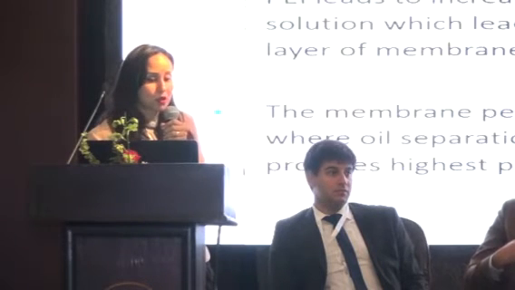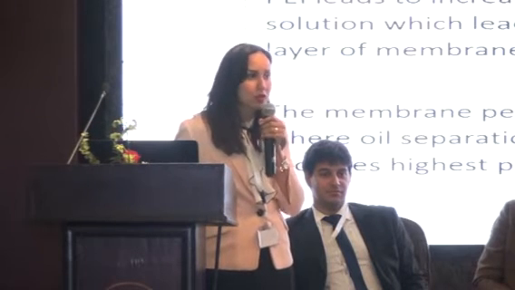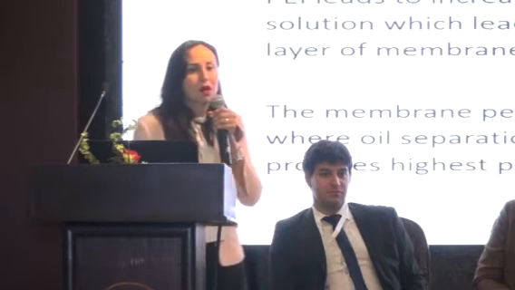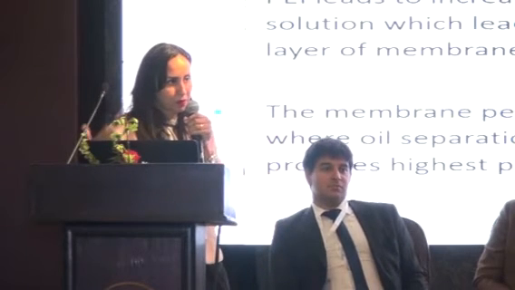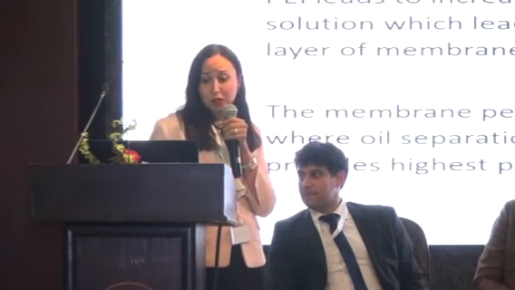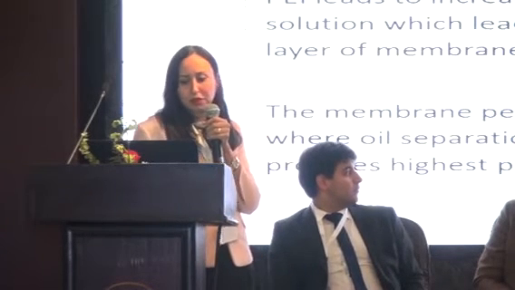Okay, and the conclusions: for microfiltration membranes, it is advisable to use the new substance, which is PEI, polyethylenimine, for the manufacture of microfiltration membranes of this type, with the addition of polyvinylidene fluoride.